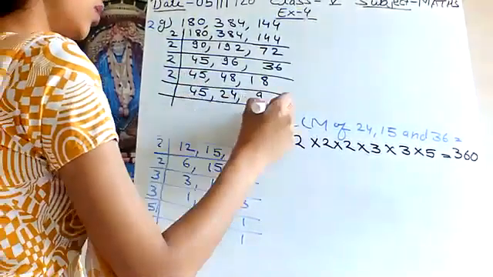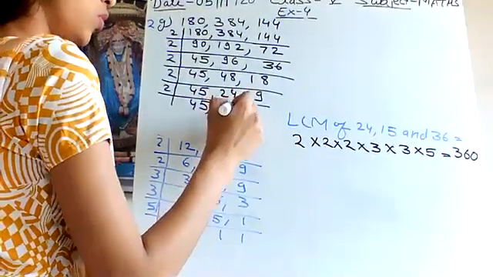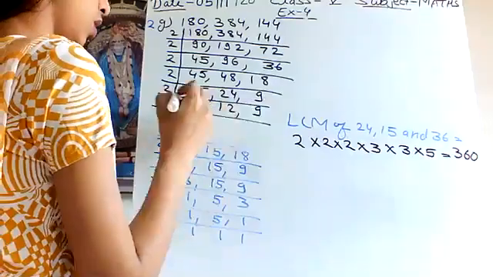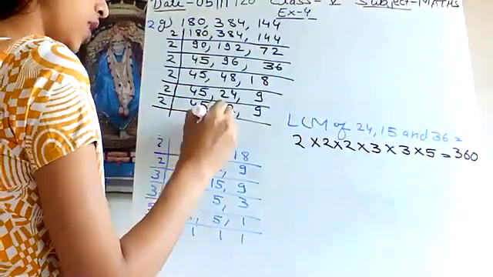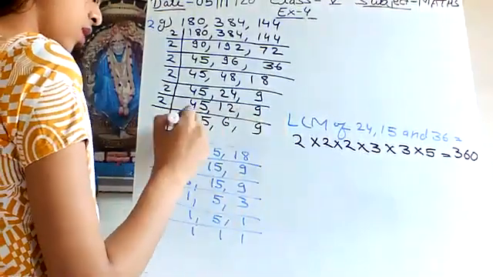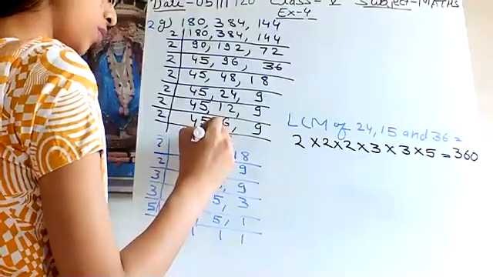Again we will take with 2. 45 is not divisible, so 2 1s are 2, 2 2s are 4, 9 will come as it is. Again with 2, 45 as it is, 2 6s are 12, 9 will come as it is. 2 3s are 6, 45 will come as it is.